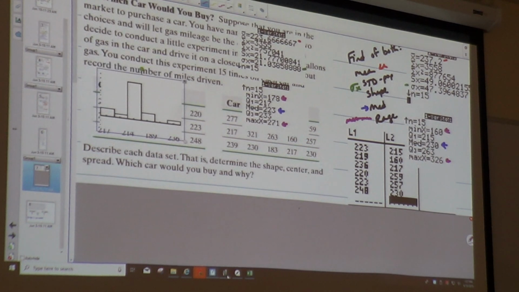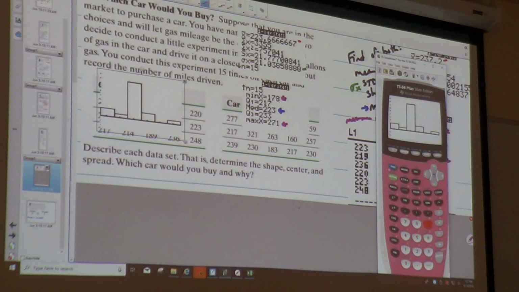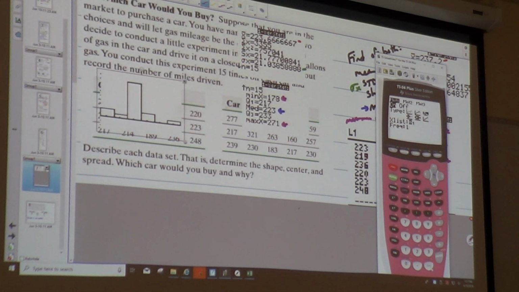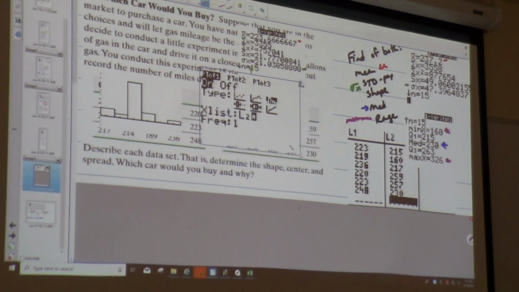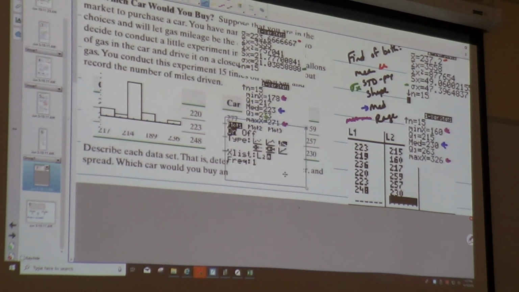Now, when I go do the second one, I'm gonna do second Y. I'm gonna go in, but what do I have to change now? I've gotta change that to L2, because I want it to look at list 2. I'll pull that over to make sure that you see it. I wanna change that to L2.